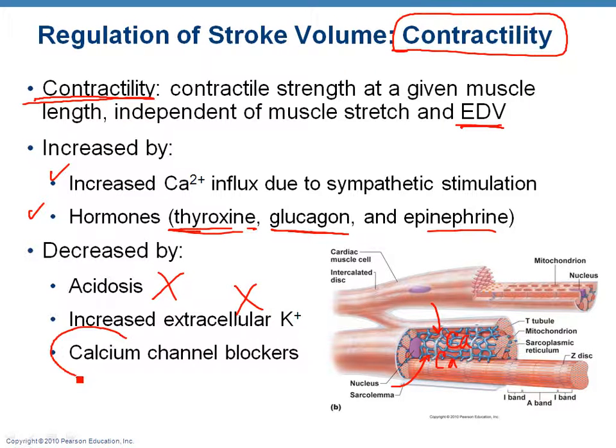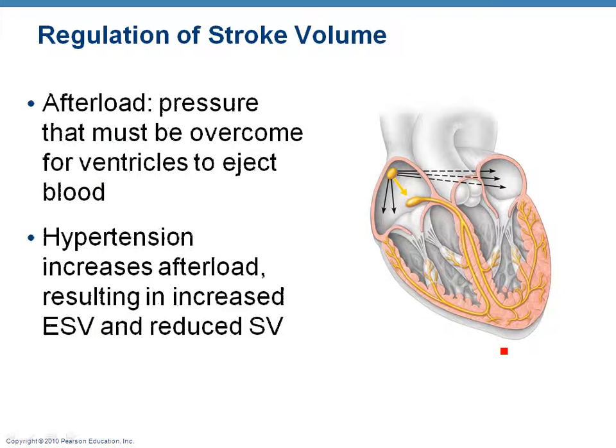And then drugs. Maybe you know somebody who's taking a calcium channel blocker. Those are drugs that block the influx of calcium ions into the cardiac muscle fibers, which can lead to weaker contractions. All right, so that's contractility.